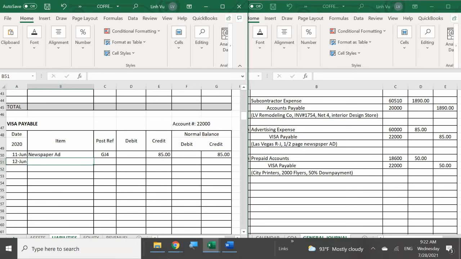And this time I'm going to put down payment on ad flyers. General journal number 4. And once again, we're increasing our liabilities, because the more we keep charging, the more we owe National Bank. So in this case, we are going to increase it by the $50.